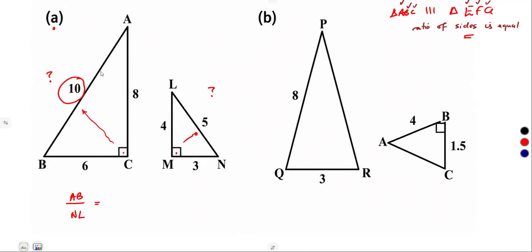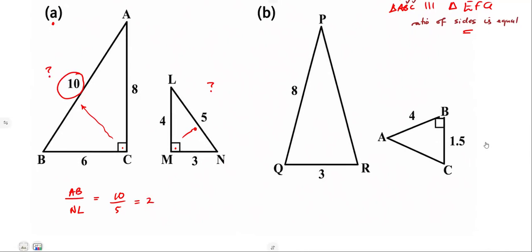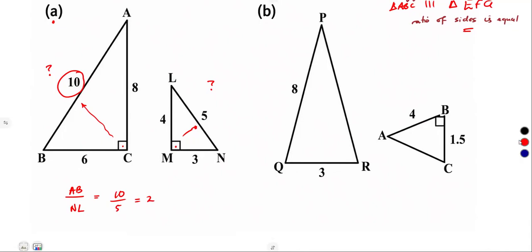You obtain 10 for AB and 5 for this one, which is 2. Consider the other sides of the two triangles as well and see if you obtain the same value 2, the ratio of AB to the other hypotenuse. So they must be corresponding.